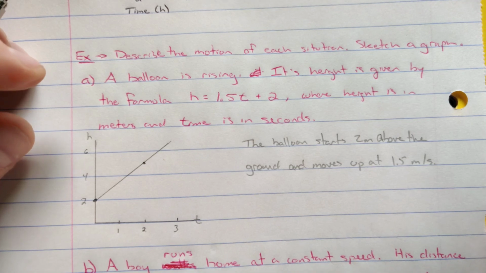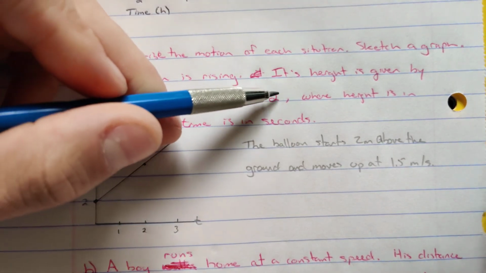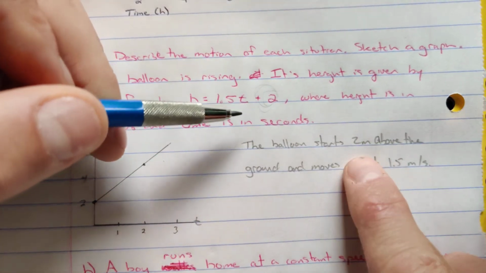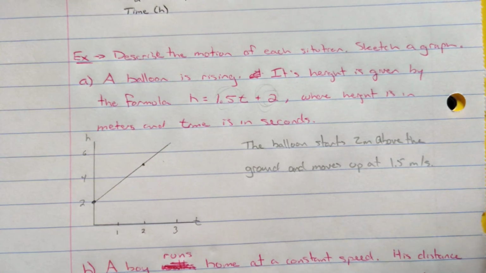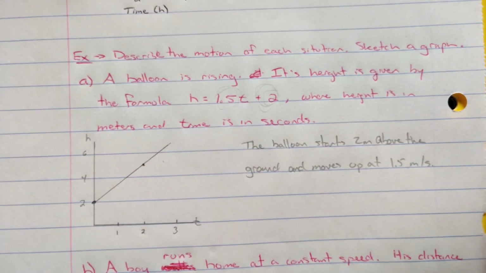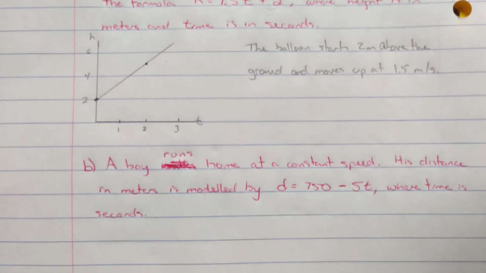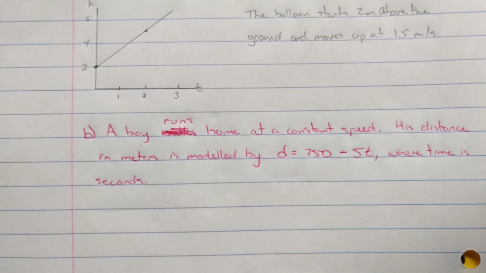So from that equation, we can see there's our starting point. It starts 2 meters above, and it's going up at 1.5 meters per second, and that's what it would look like graphically. In the second situation, a boy runs home at a constant speed.